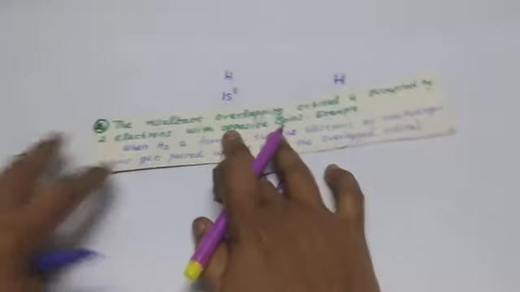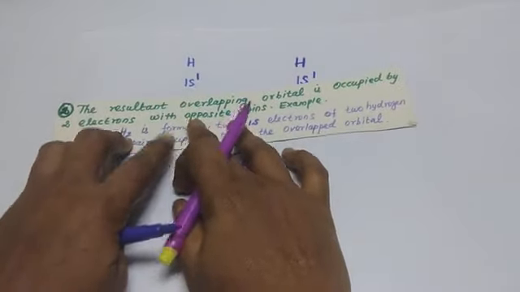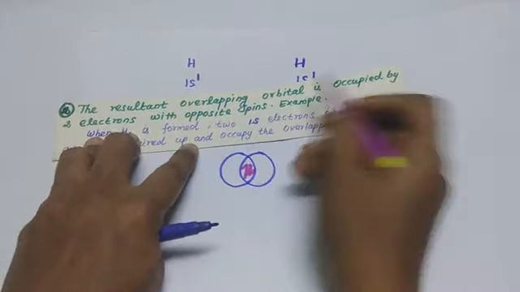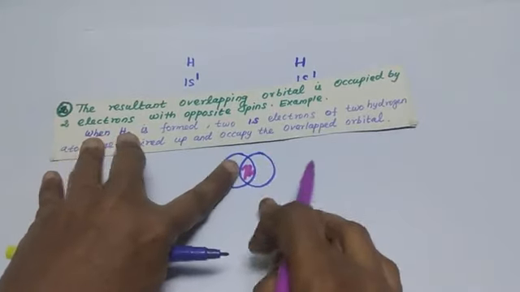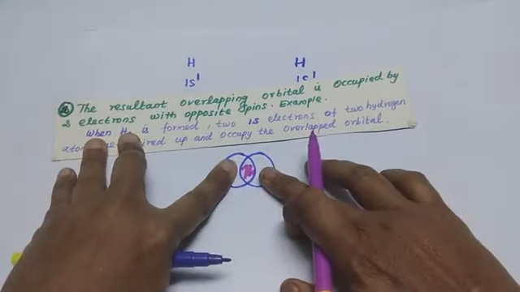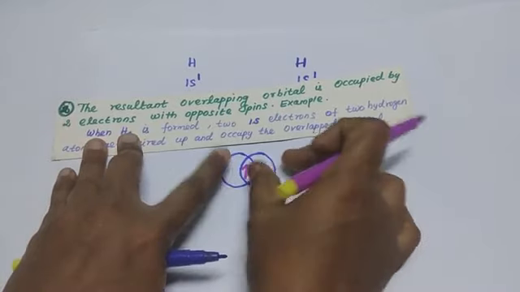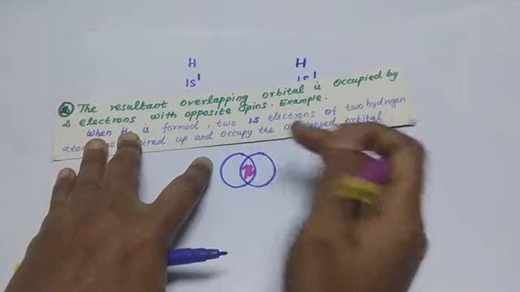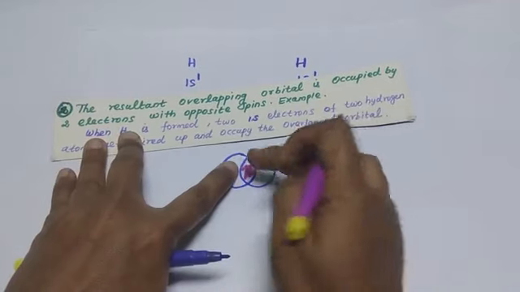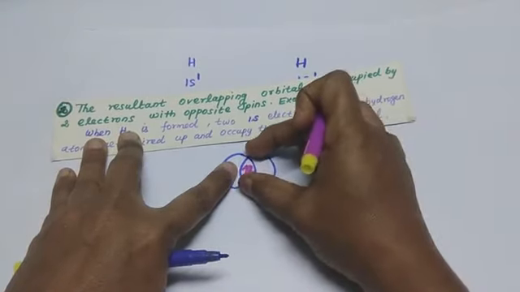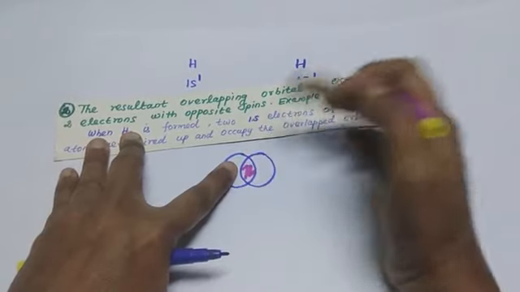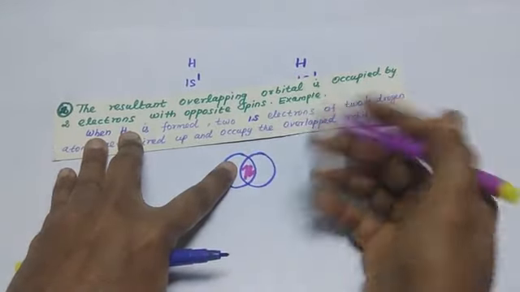The second feature of valence bond theory tells us about the overlapping orbitals. This is the 1s orbital of the first hydrogen atom, and this is the 1s orbital of the second hydrogen atom. When they are overlapping, the two electrons will occupy the overlapping region. The two electrons will surely have opposite spins.